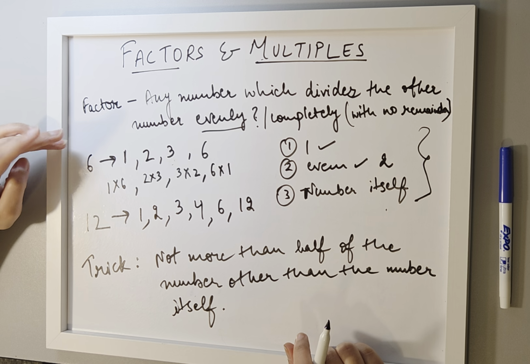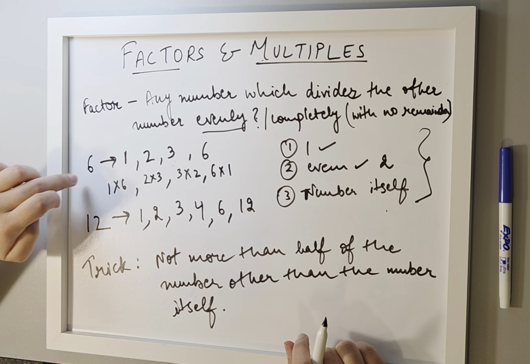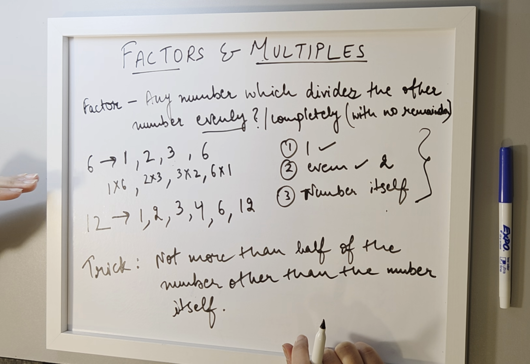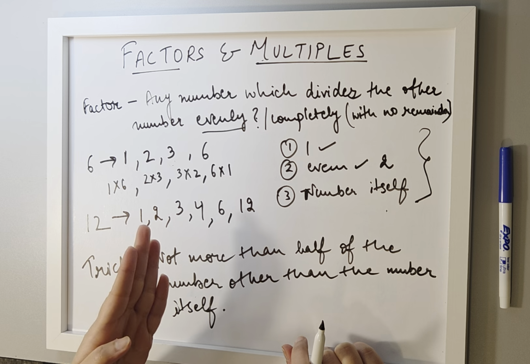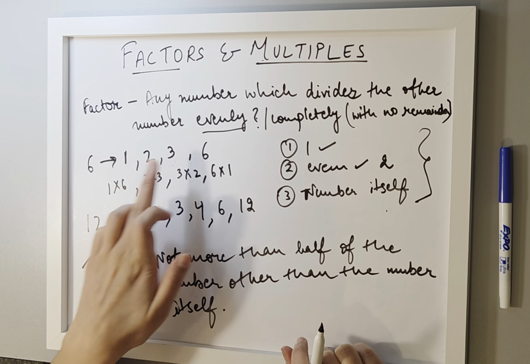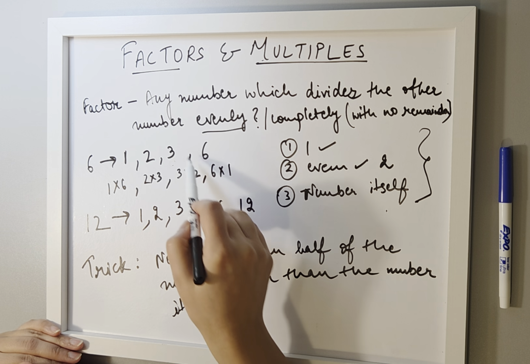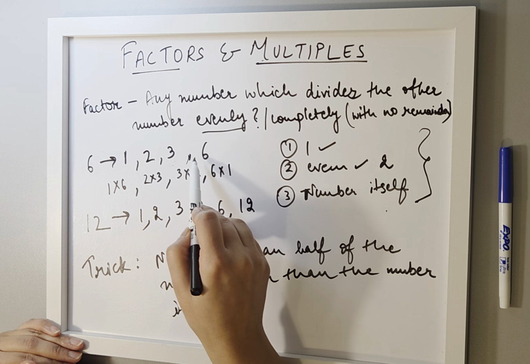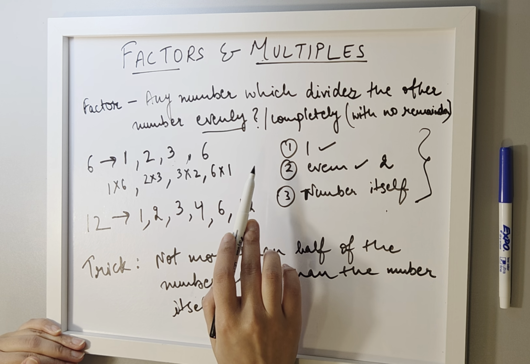So if you see, half of 6 is 3. What I'm trying to say is all the factors will be up to half of 6, that is up to 3. So the maximum factor will be up to 3, other than the number itself. We can always add the number itself to the list, because that will always be a factor.